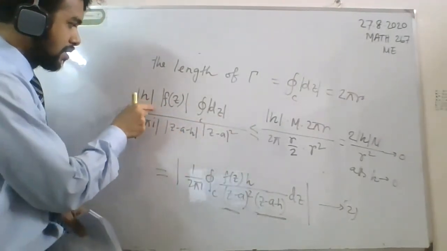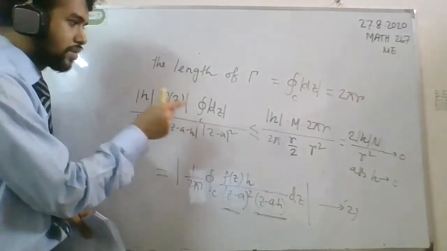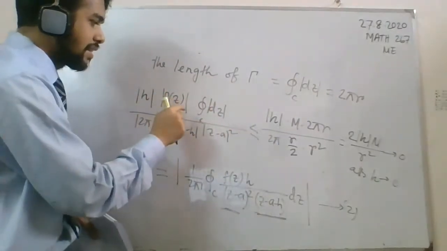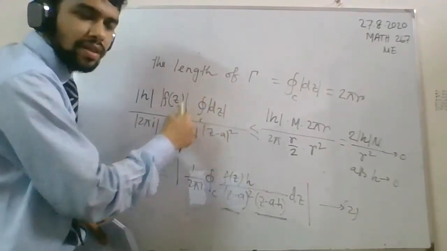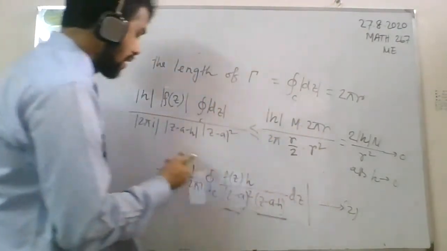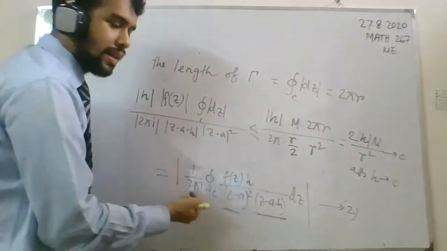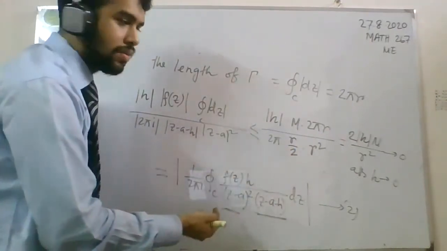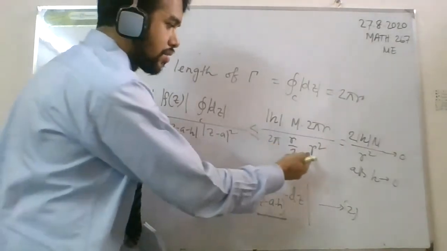You already saw that modulus of h equals r by 2, but I am not writing that again, I am just keeping it. Here f(z) is less than or equal to M, and this is the length of the circle, which is 2 pi r, and here the modulus of 2 pi i is 2 pi. For z minus a minus h we got r by 2, and here the modulus of z minus a square equals r square.